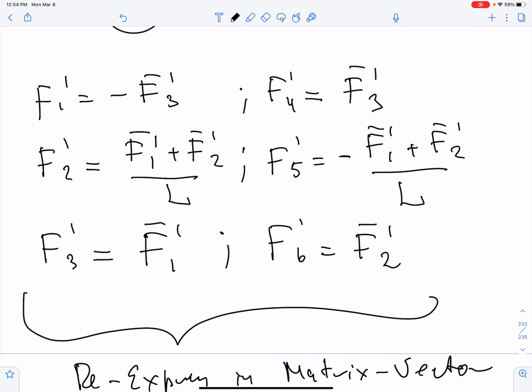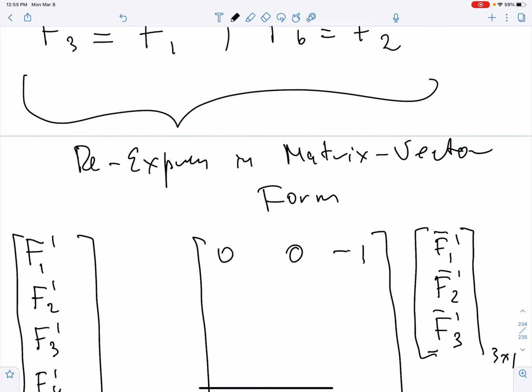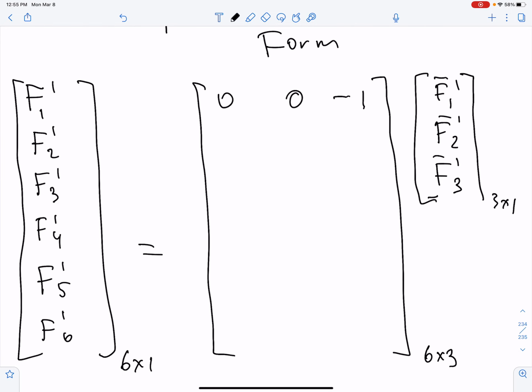F prime 2 depends on the over bar 1 and 2. So I get 1 over L here, 1 over L here, and nothing here.